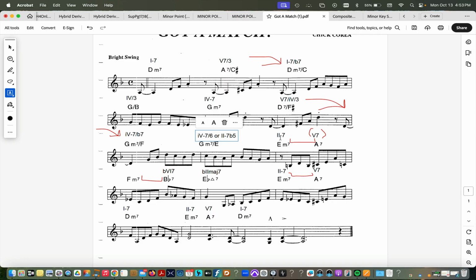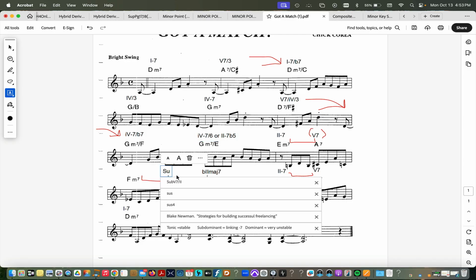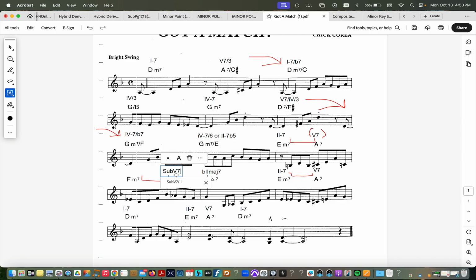2, 5, resolving deceptively because it doesn't go down a fifth. Related to, actually the related 2 of sub 5 of 5, which resolves deceptively because it doesn't go to 5. Instead, it goes down a fifth.